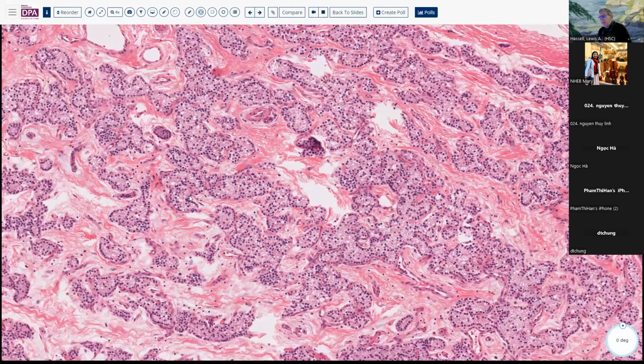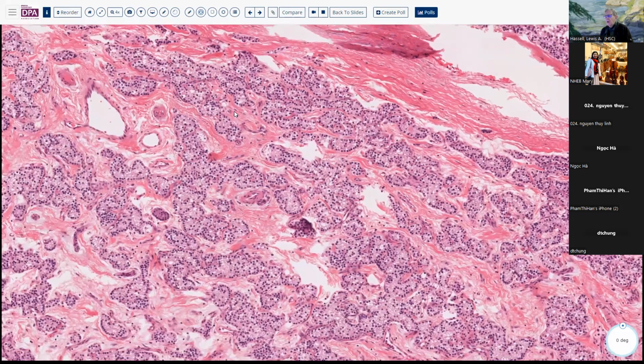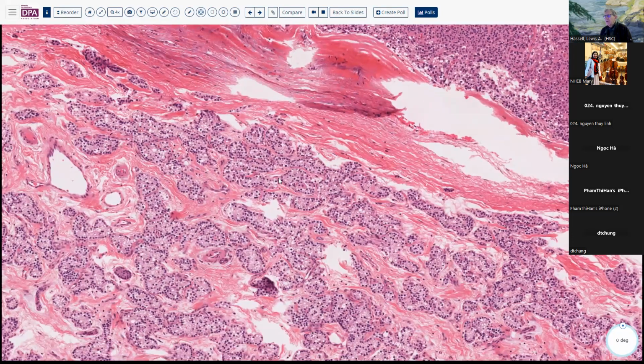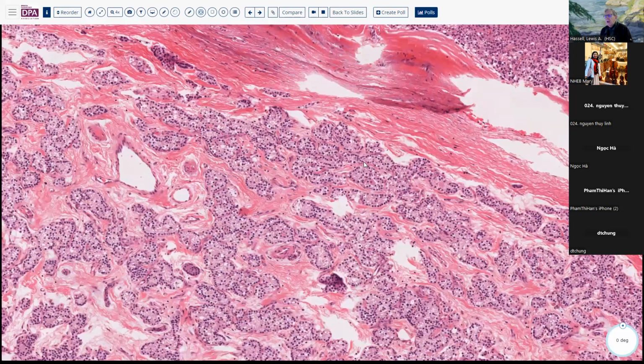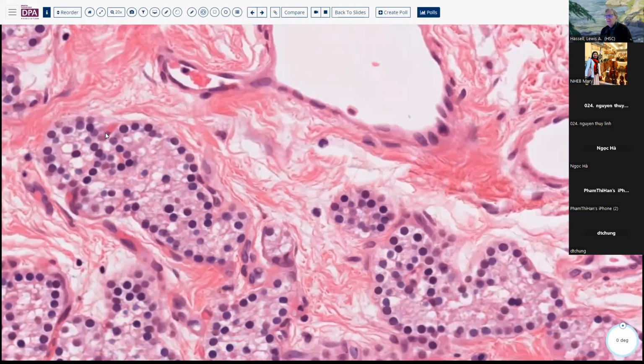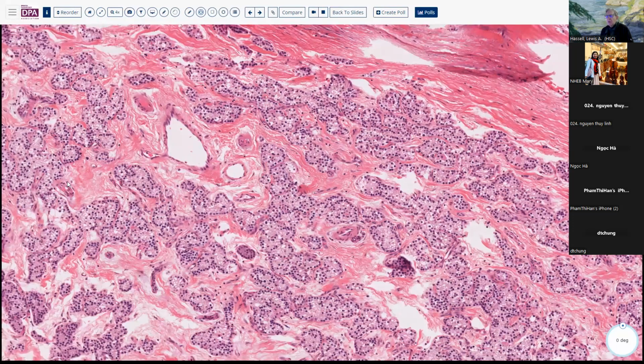That said, in some situations you might use a fat stain like an oil red O or a methylene blue on a frozen sample to see if within the cells themselves you had abundant or a difference in the amount of lipid, because normal parathyroid has increased parenchymal fat, but it also has increased intracellular fat.